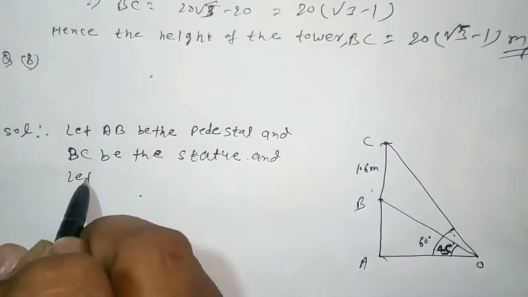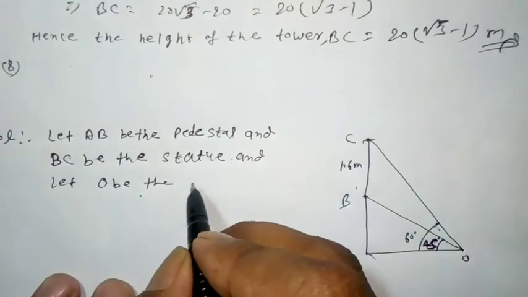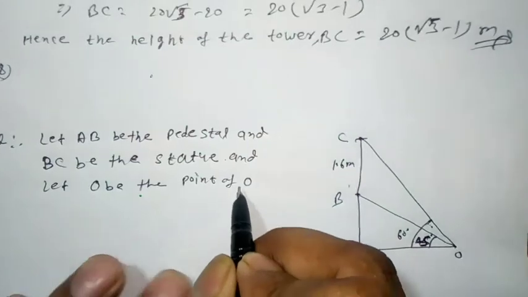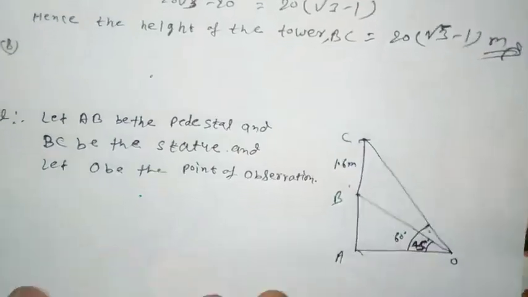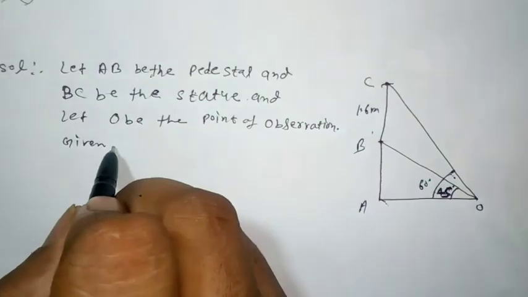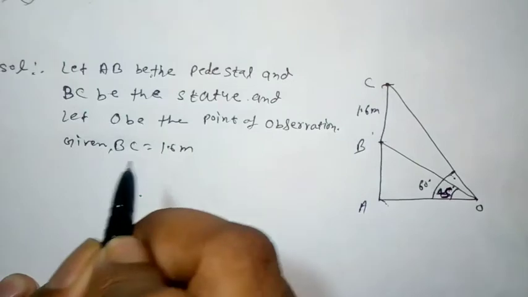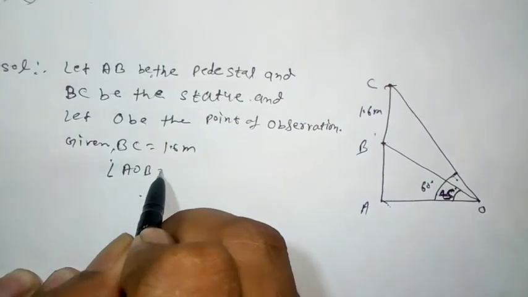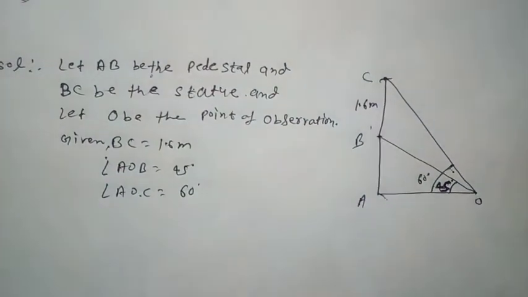And let O be the point of observation. Given, BC is equal to 1.6 meters, angle AOB is equal to 45 degrees, angle AOC is equal to 60 degrees.